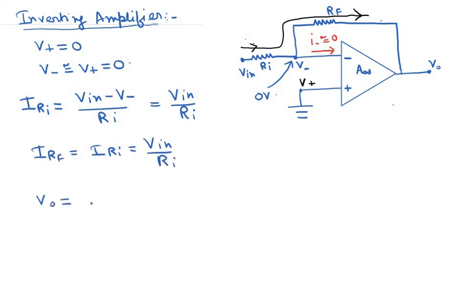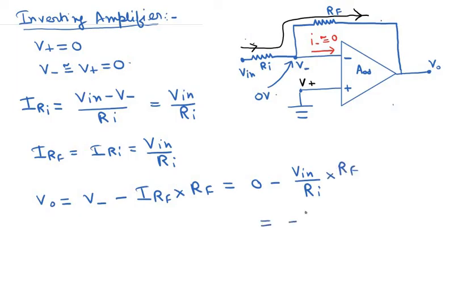So what is V0? V0 is equal to V minus minus I Rf into Rf. V minus is 0, and I Rf is Vin divided by Ri from this formula over here, into Rf.